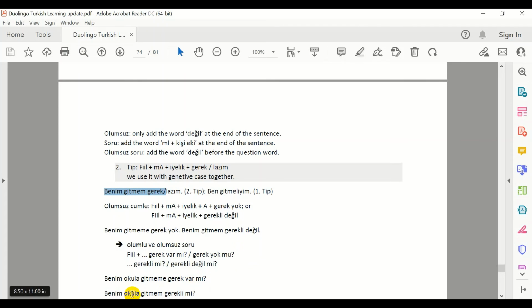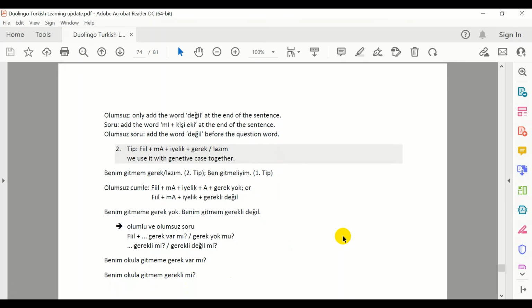Or benim okula gitmem gerekli değil. Well, in order to avoid confusion, you should write at least two sentences yourself and then use these different structures. I hope you will learn.